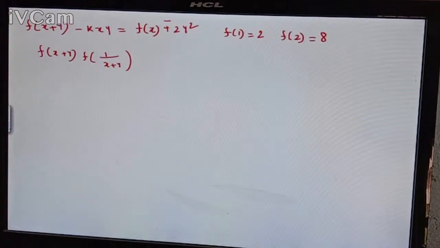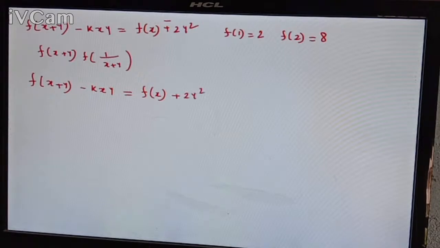First of all, solve this functional equation. Now how to solve this equation? f of x plus y minus kxy equals f of x plus 2y square.